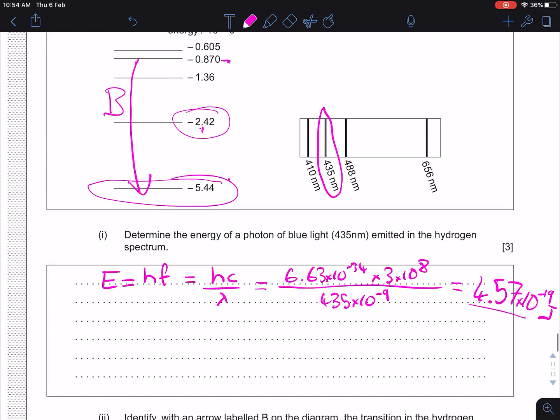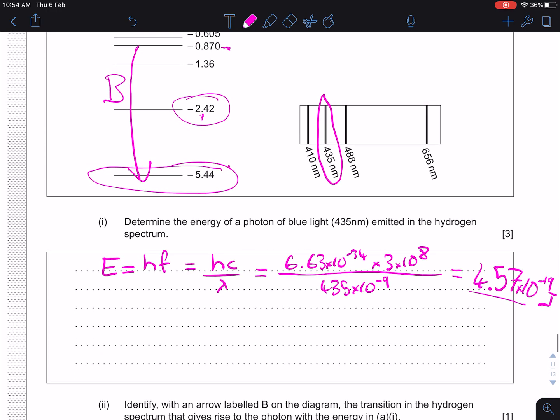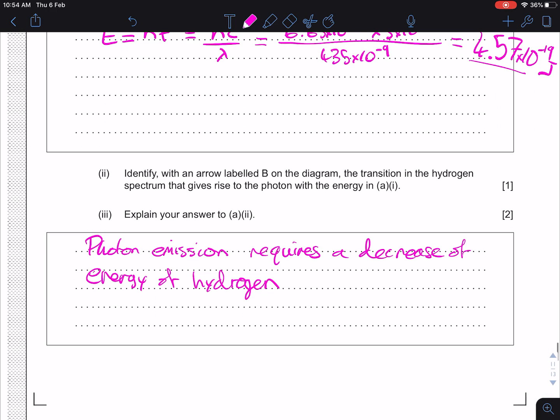And the energy of the photon has to correspond to the amount of energy lost. There we go.